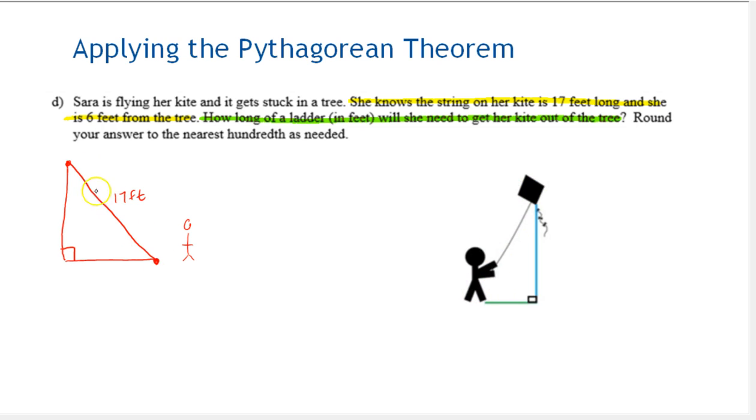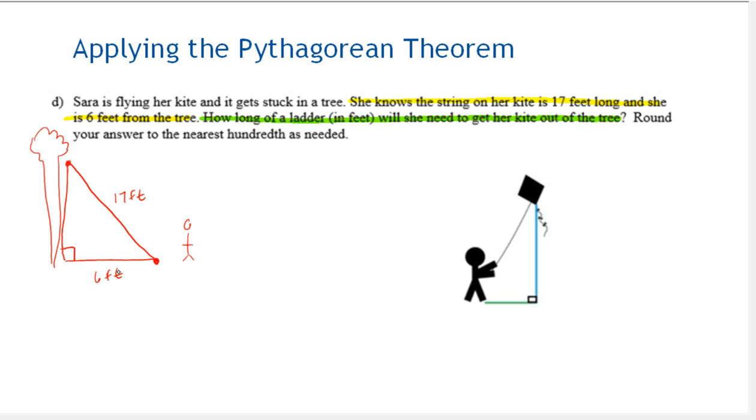But we're basing this on the distance from the ground to where the kite is stuck in the tree. This string length is 17 feet. Okay. And it says she is 6 feet from the tree. So this is the tree. I'll try to draw one. Not the worst tree I ever drew, but certainly not the best. So the distance between her and the tree is 6 feet.